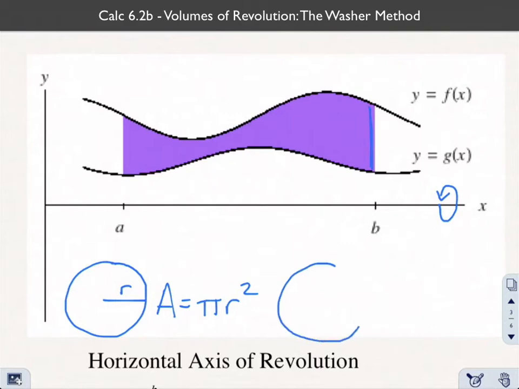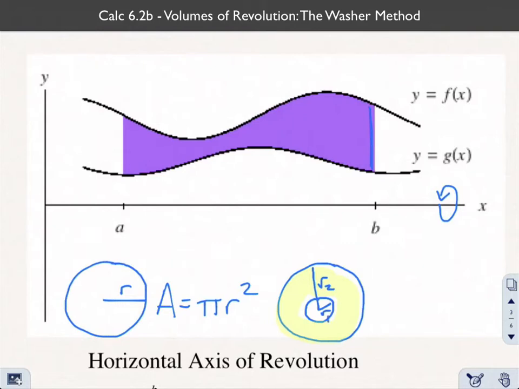Here would be the circle formed by f of x, and here would be the circle formed by g of x. What we want to do is find just this area right in here. You can see that we actually have two different radii. I'm going to call these r sub 2 and r sub 1.